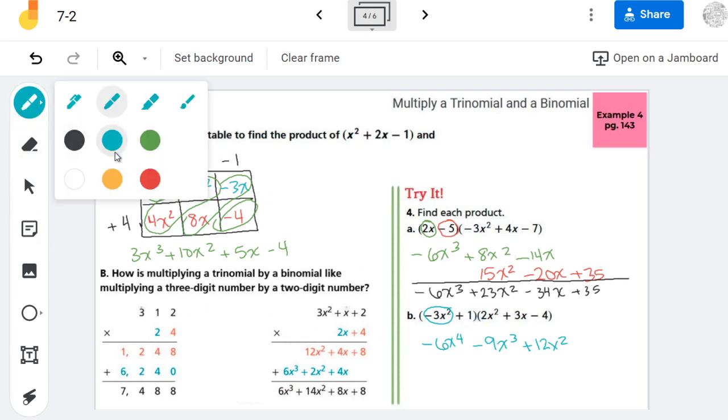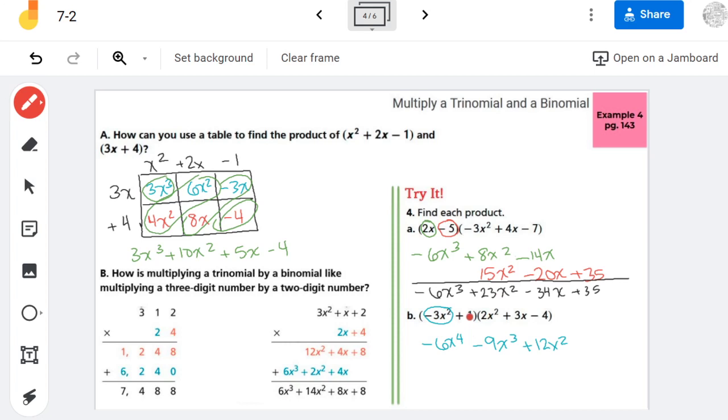Here's where the gap is going to lie. When I multiply by 1, this first term, 1 times 2x squared, is 2x squared. So you can see that instead of just shifting 1 over like I normally do, I had to shift 2 over. Then 1 times 3x is 3x, and 1 times negative 4 is negative 4.